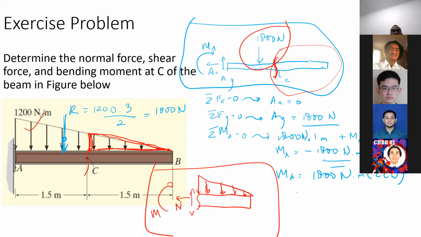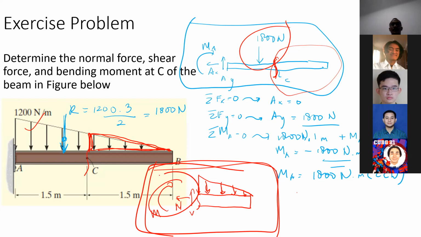The easier way to do it is to just solve for this particular section. You do the section, and then draw the free body diagram of that particular section directly like this, and solve for the internal moment and internal force.